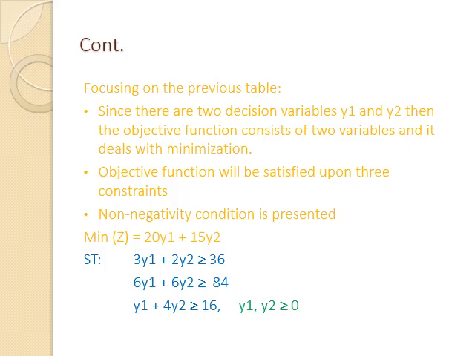Then min z equals 20 y1 plus 15 y2. 20 is the cost of feed y1, and 15 is the cost of y2. The guarantee of implementing this objective function is to satisfy the following constraints.